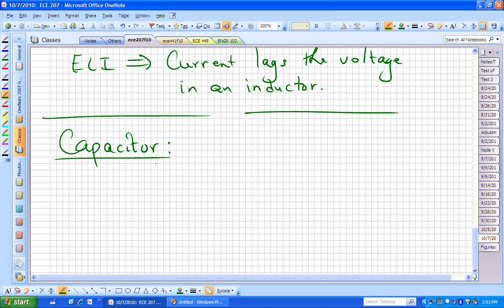All right, capacitor. Let's do the same thing for capacitors. V sub C of t. And now you're going to wonder, why did I start with V? Well, now I think you can guess why. I'm going to make that V sub m sine of omega t plus theta. All I'm really trying to do is derive a relationship between voltage and current on a capacitor to find its complex impedance. I can start with whatever I want, I just have to stay consistent once I've selected my starting point.